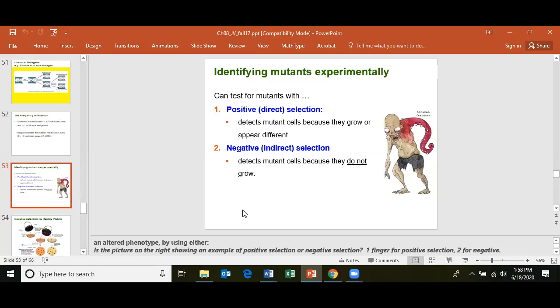Like if anybody saw this person in the population, you'd say, yep, that's a mutant. Okay? Any question about that? There's also negative and indirect selection, and that is when you're detecting the mutant cells because they do not grow. And that's probably not terribly clear, so let's discuss negative indirect selection a little further.